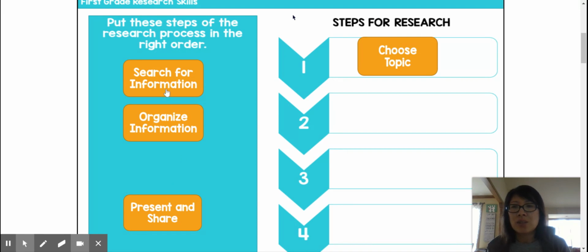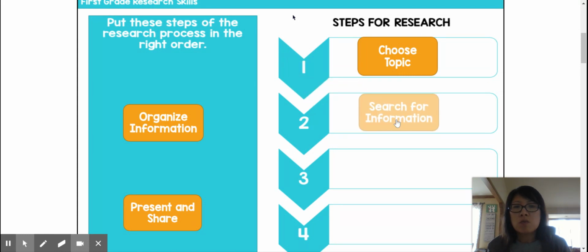Okay, if you said search for information, you would be correct. So before we can organize any information or share information with others, we have to search for it, right? Or search for facts. So where are some places where you can look for information? Well, you can look in books for information. We've talked a lot about informational or nonfiction books in library.